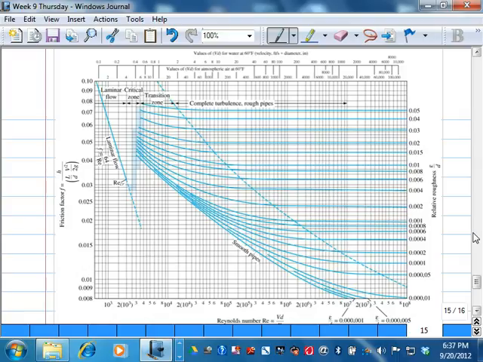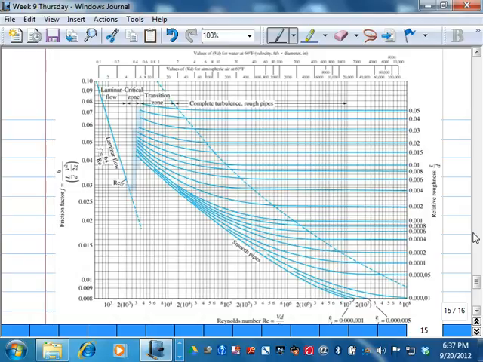Number two, you can read the numbers here: 0.01, 0.02, 0.03, 0.04, 0.05, and so on. It's a logarithmic scale. That's why from 0.01 to 0.011 is a big gap, but 0.019 to 0.02 is a small one.